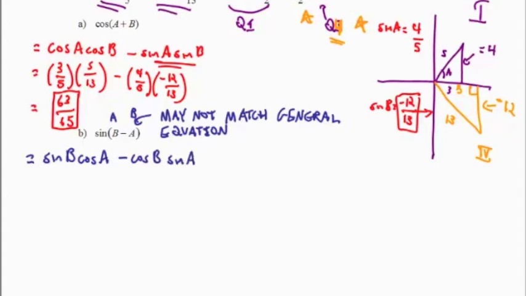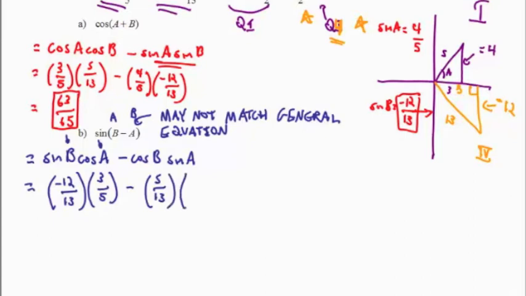So in this case, we're going to end up with the sine of B times the cosine of A, subtract the cosine of B times the sine of A. Okay? So again, in our general equation, this here would have actually been A, and this here is B, except in this case, our A is B, our B is A. Our brains are just going crazy on this. Please try your best to get this all straight in your head. But regardless of how you do that, the sine of B, well, we did this already.